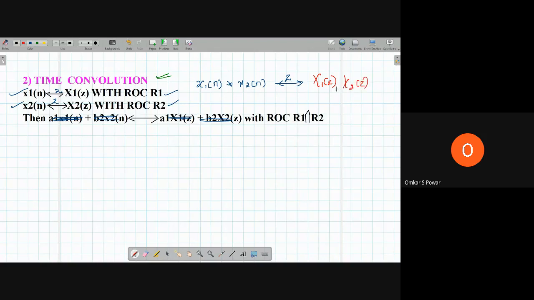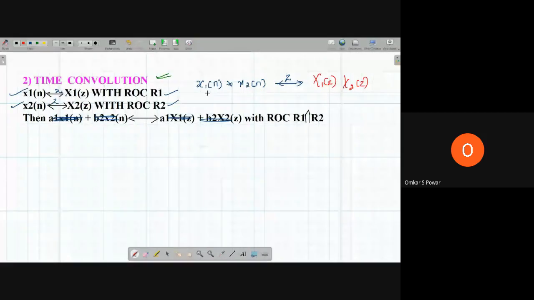Because z is equal to e to the power j omega, it will go back to your Fourier transform. The formula of z will map to the j omega axis easily, with unit radius. So it's almost the same. Convolution in the time domain is nothing but multiplication in the frequency domain.